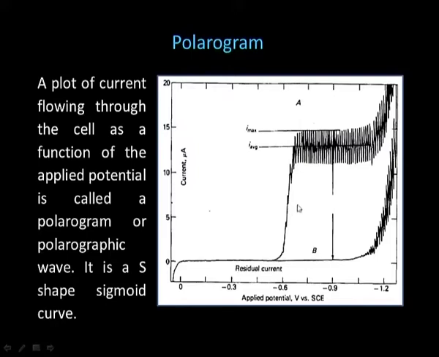Now, you can ask why there is fluctuation at the top of this curve. The current is not constant, but there is continuous fluctuation. This fluctuation in the curve occurs because when the drop starts growing, it reaches a maximum size.